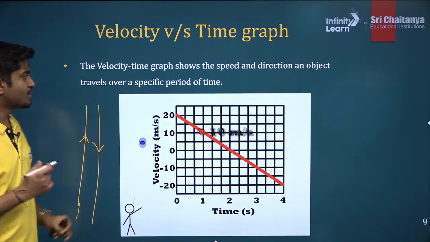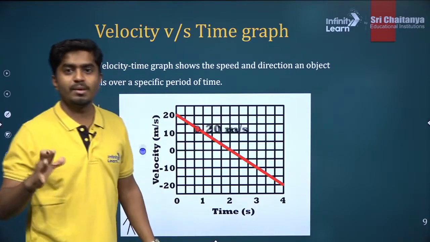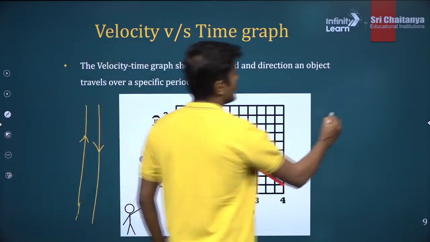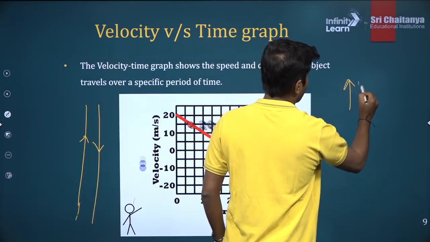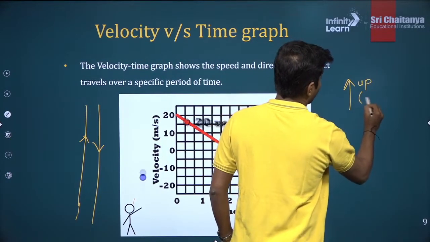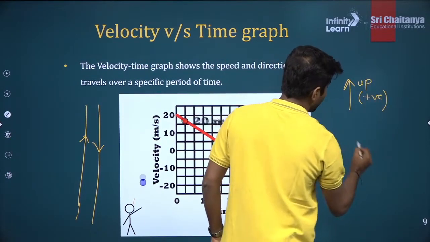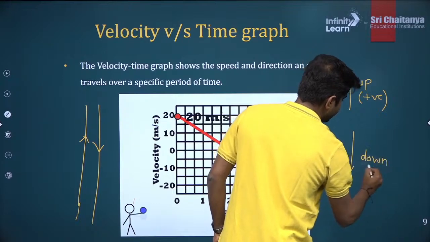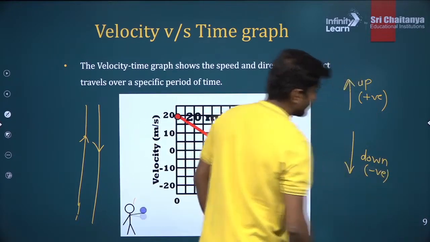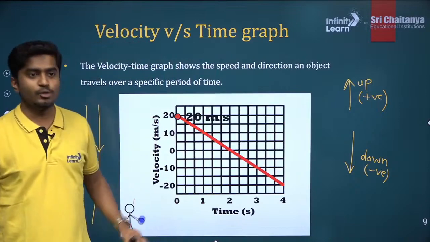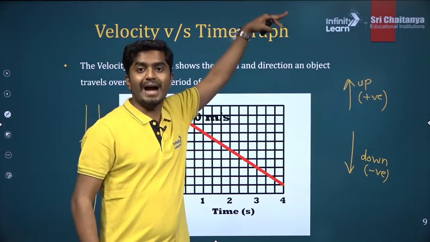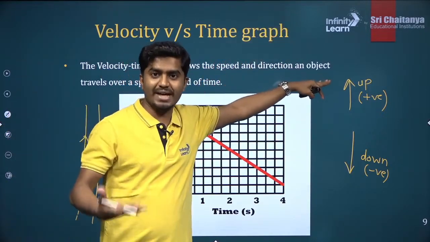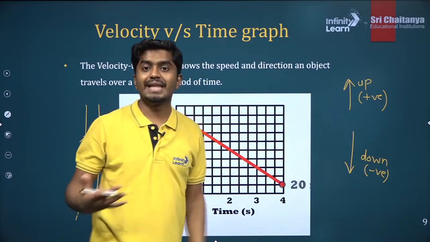Do you remember the Cartesian sign convention? Upward is positive, and something going down is negative. Whenever the object is going up, that is the positive direction, going down is the negative direction.